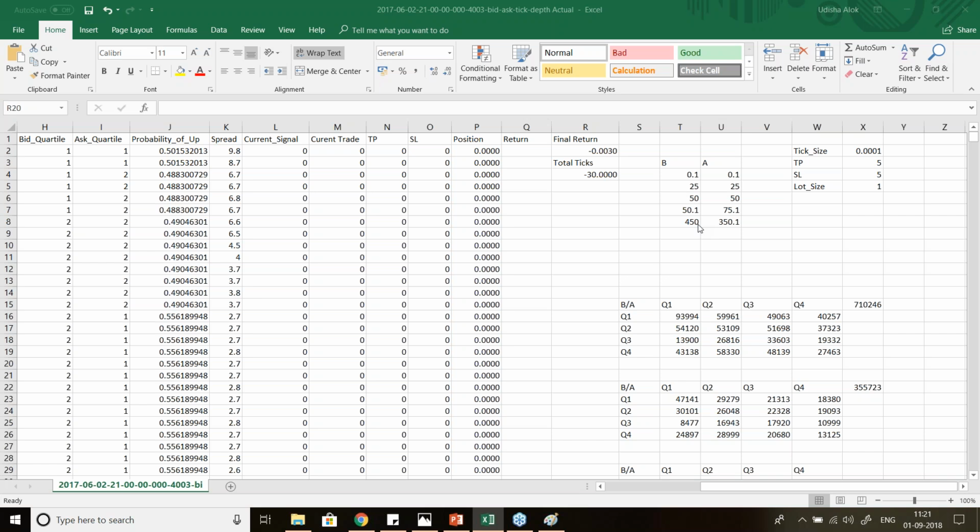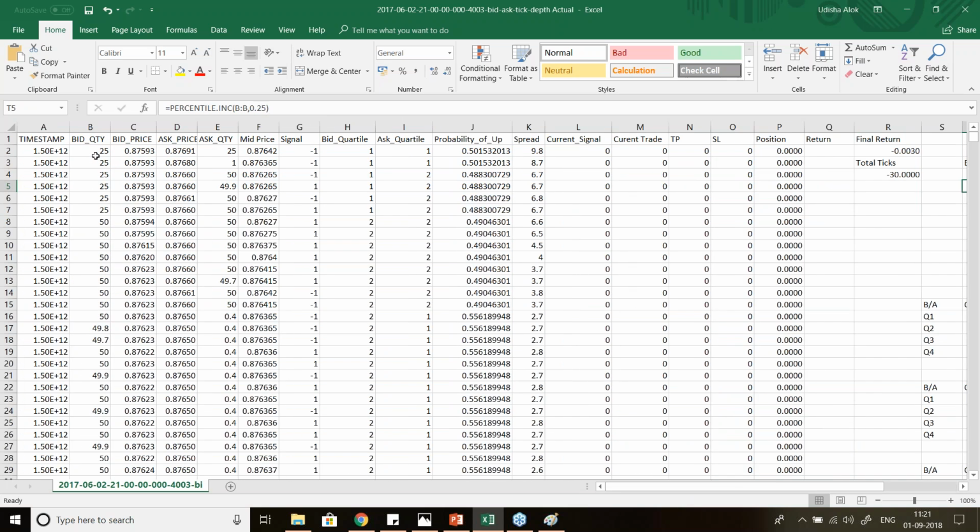You are able to understand? Nathaniel, are you able to understand? No, no, no. We are not taking price into account. See, here the formula you see percentile link of the column B, 25 percentile for column B, and column B is only bid quantity. We are not taking the ask bid price at all. If you place 500 lots in small lots, we will consider a single tick or the single amount of volume that you put.